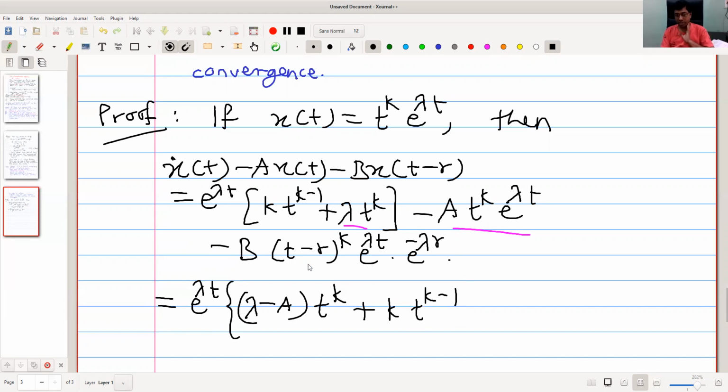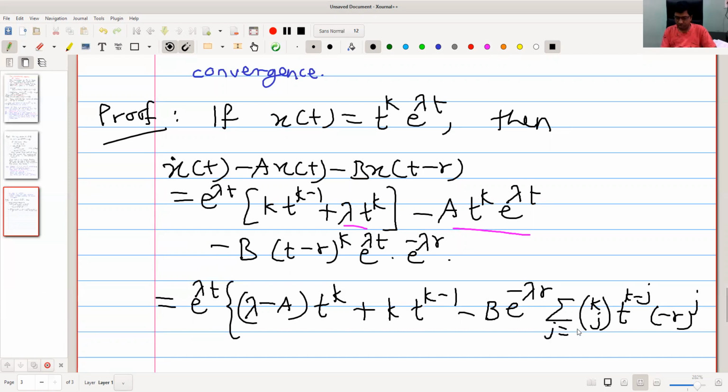Here we use the binomial theorem: t minus r raised to k is the summation of k choose z, t raised to k minus z into minus r raised to z, where z is from 0 to k. We used the binomial theorem.